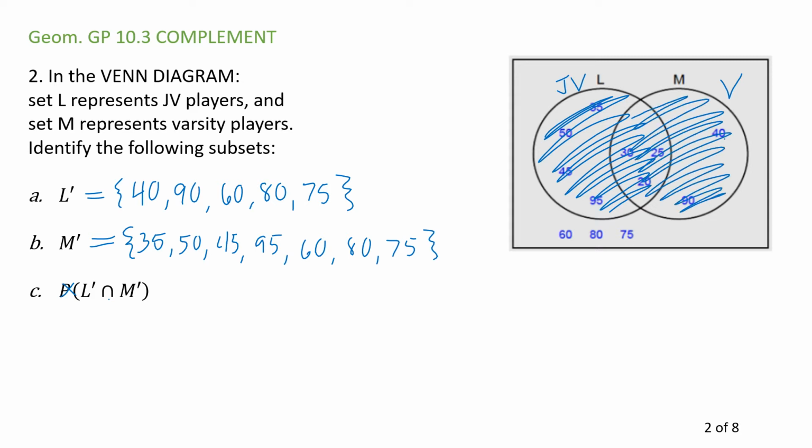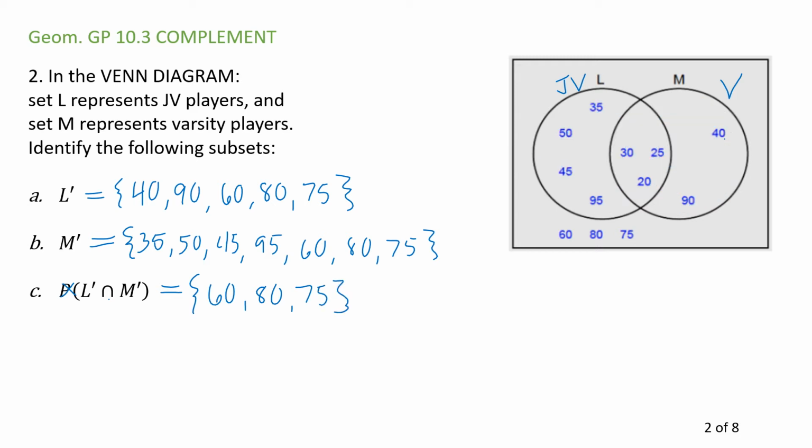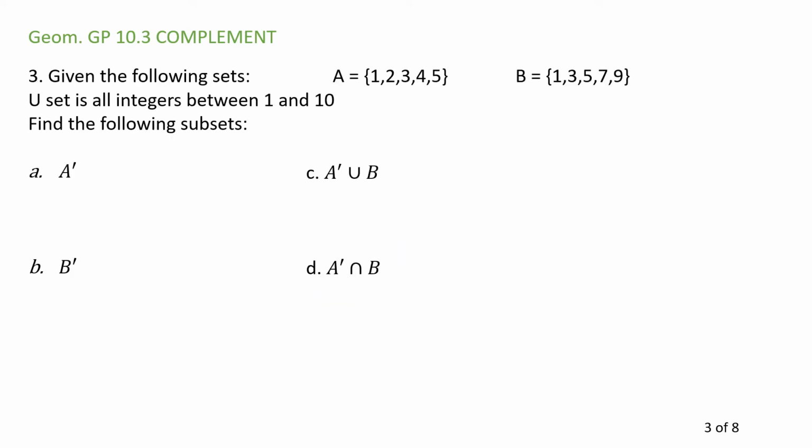That's M complement. And basically I want everyone that's left over. So it's the people who are not in these two sets. There's another way of writing this, but that's the way they chose. So that's my answer for that one. And again, I'll be talking about the probability in a minute.